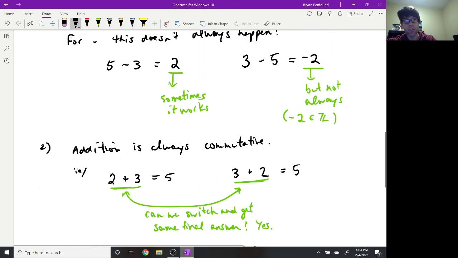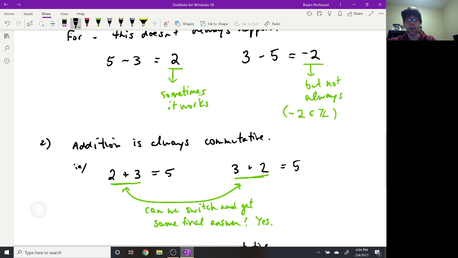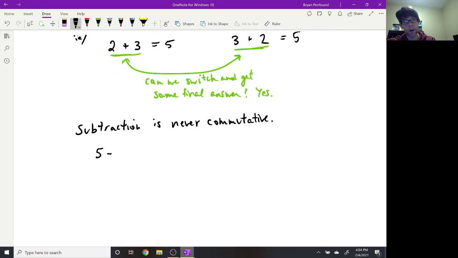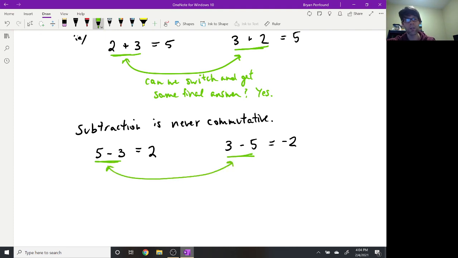And so we saw this up top. So I'm going to take this exact example that we have up here of 5 minus 3 being equal to 2. But if I switch the order of these 2 numbers and do 3 minus 5, we get -2. So this is what we mean by something not being commutative. When I switch the order of the 2 numbers, the final difference that I get is going to be different. It's not the same.